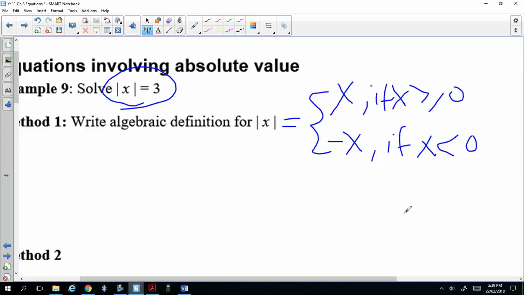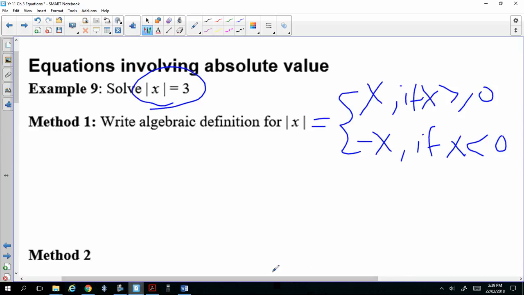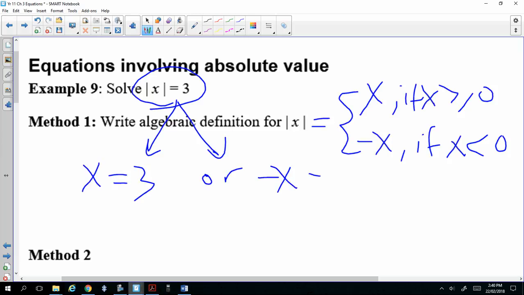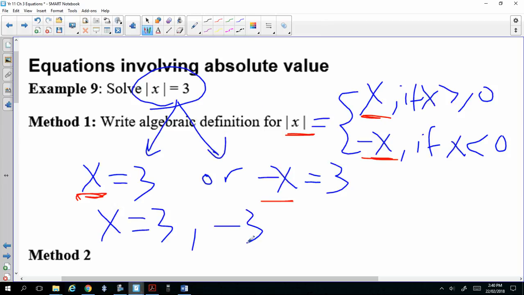So therefore, I will divide into two cases: x equal to 3 or negative x equal to 3, because the absolute value of x can be x or negative x. And then you solve for x, so x will now be 3, the other one will be negative 3.